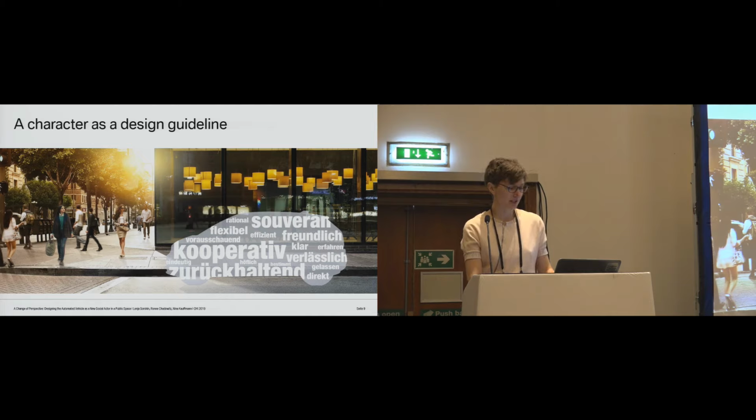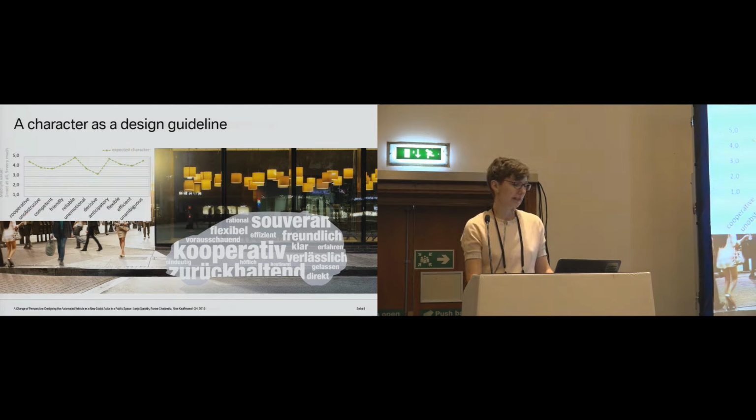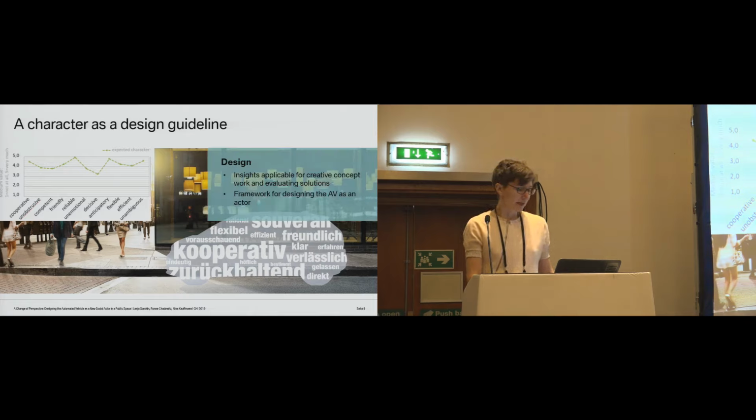It consists of a set of attributes that we rated in a user study with a Likert scale, and it showed that actually participants thought that it fits quite well with their expectations on behavior of automated vehicles. Altogether, the character helped us not only for creative concept work, but also for evaluating solutions and for making design decisions.